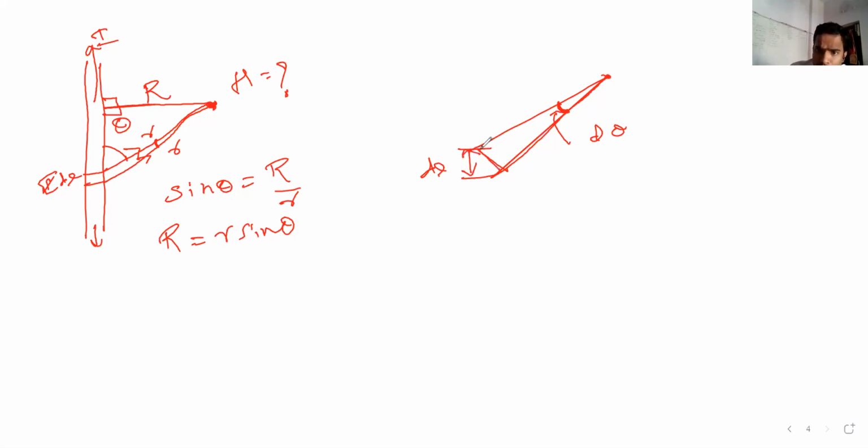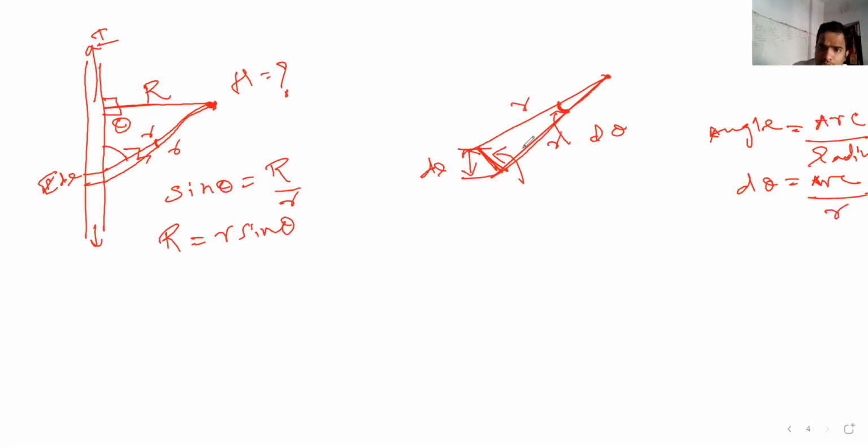So what will be this length? We know from basic geometry that angle equals arc upon radius. You all remember this? Angle equals arc upon radius. So d theta equals arc upon radius, which is small r. So this arc length will be r d theta.